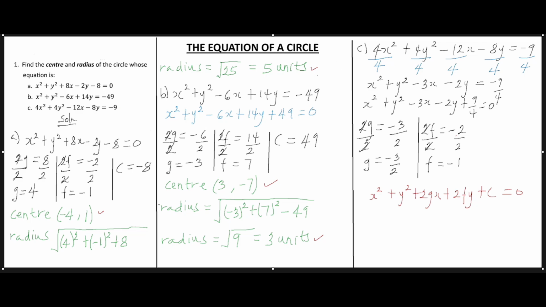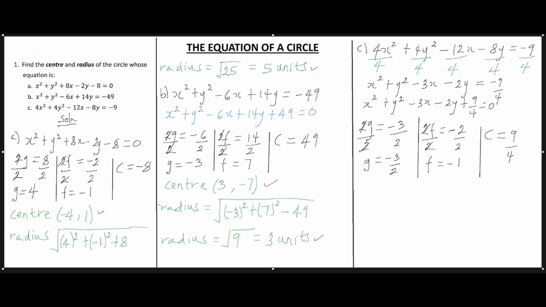Lastly, our constant term. So the constant term here is c. And comparing to circle C, the constant term here is 9 on 4. So we have all the information that will guide us to calculate the center and the radius of the circle.